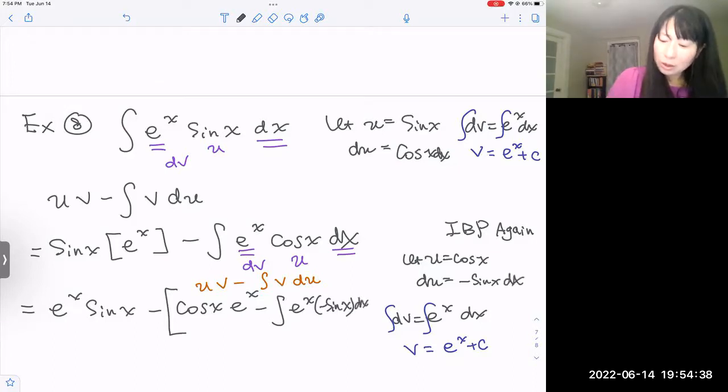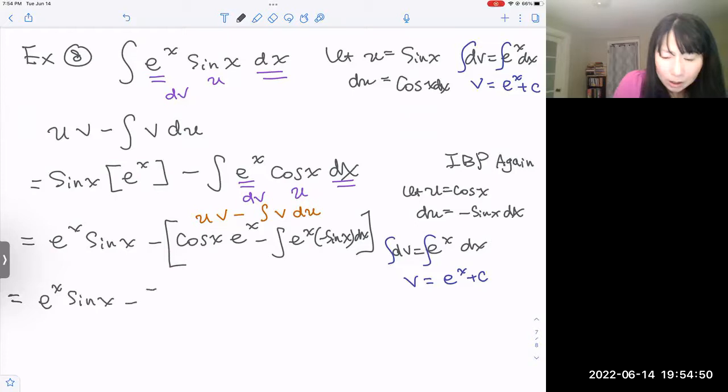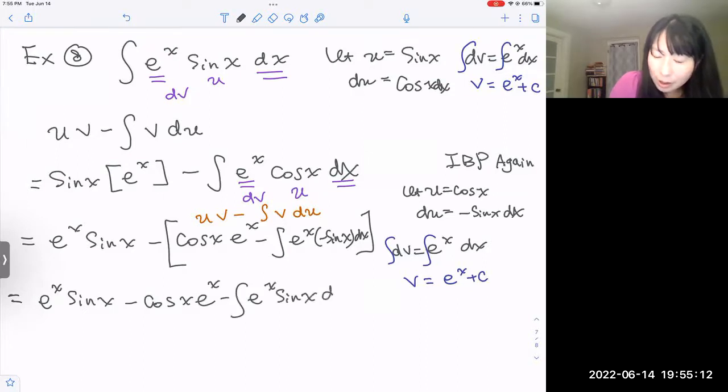I often omit that. So e to the x sine x minus, let me put in brackets, cosine x e to the x, and minus minus is positive, but then we have another negative sign, so we have a negative integral of e to the x sine x dx.